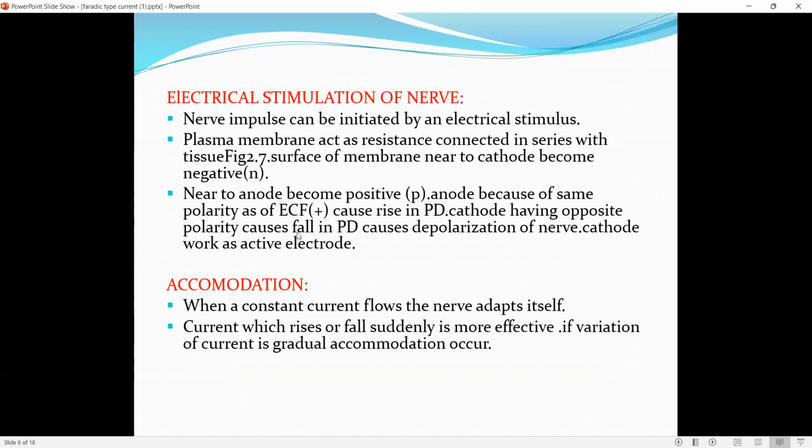The cathode, having opposite polarity, causes a fall in PD, causing depolarization of the nerve. The cathode works as the active electrode.